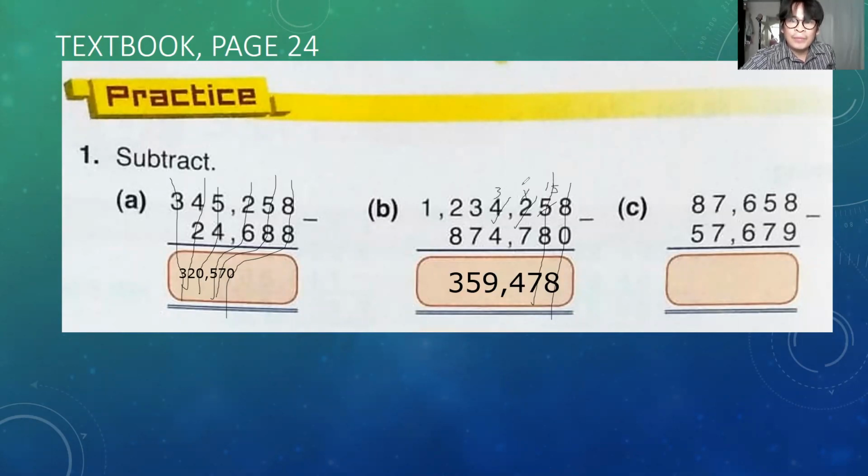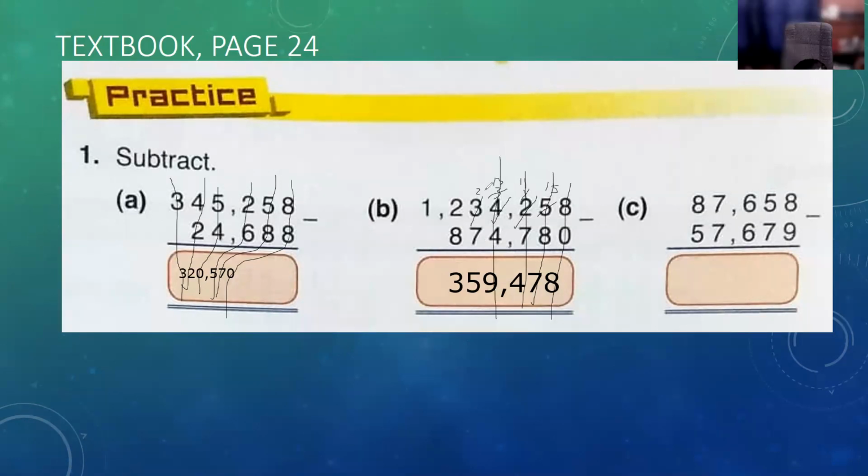So 1 becomes 11. 11 minus 7 equals 4. Then 3 minus 4 cannot be subtracted because 3 is smaller. So 3 becomes 13. We borrowed from 3, so 3 becomes 2. 13 minus 4 equals 9.